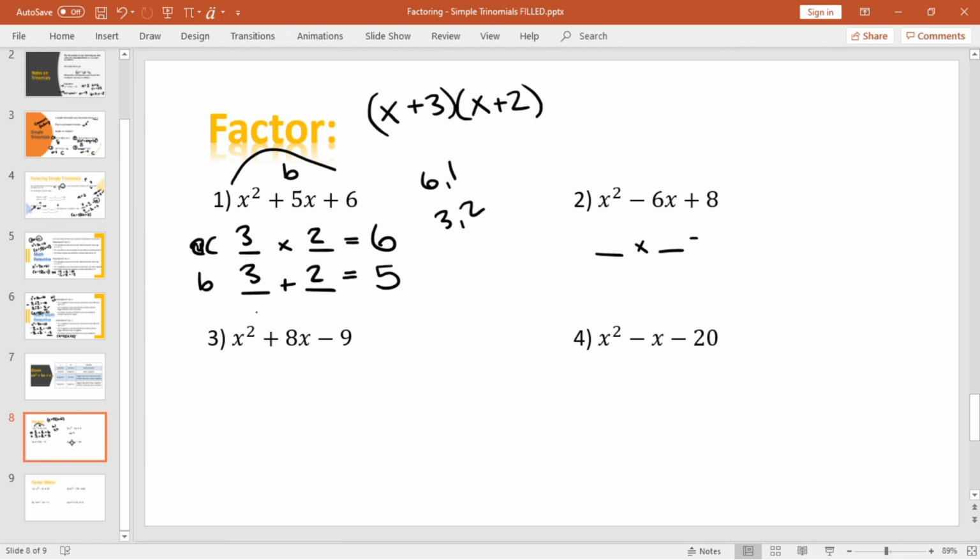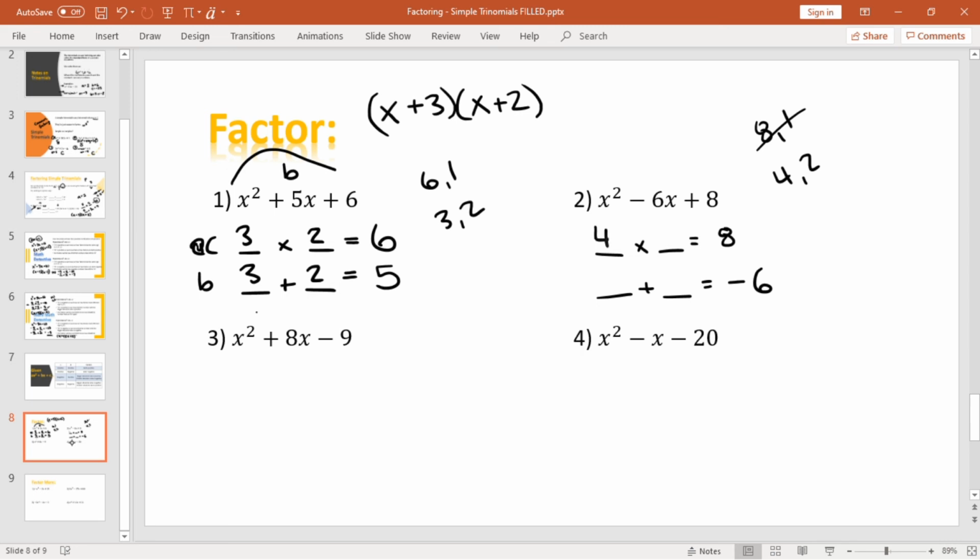I need to multiply to 8, positive 8, yet add to negative 6. So I see that C is positive and B is negative, so I'm looking for 2 negative factors. Factors of 8, I'm just going to think about what those are. I can have 8 and 1, or I can have 4 and 2. 8 and 1 are going to add to 9, no good. 4 and 2 add to 6.